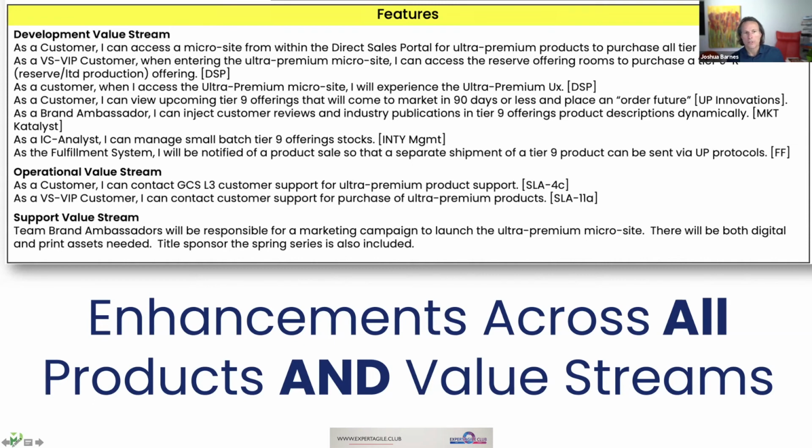Digital assets, print assets, lots of different types of sponsorship, events, concerts, that type of stuff, right? It's a product company, so they get the word out. Operational value stream as well. There was a change because when somebody needed support for these really expensive products, there was a change in the customer support model for that.